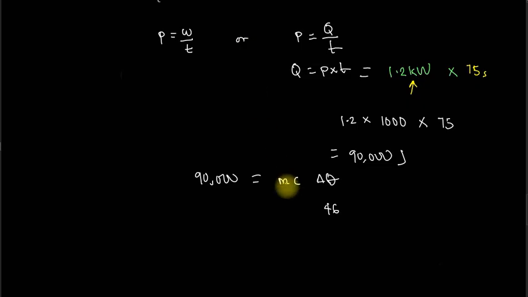The mass was given as 0.8 kilogram. So we can use this to find the specific heat capacity. So C is equals to 90,000 all over 0.8 times 46. So 90k divided by 0.8.